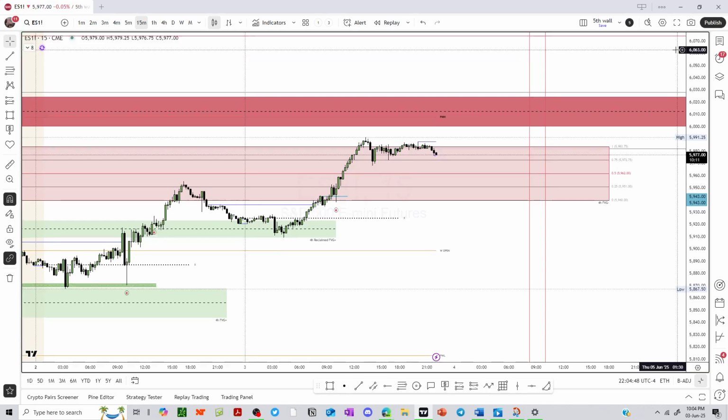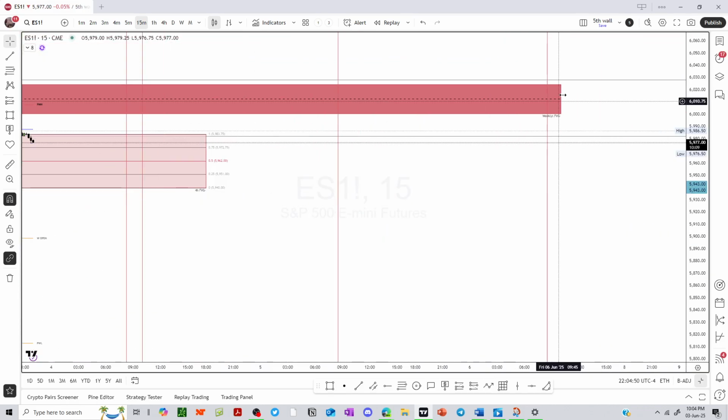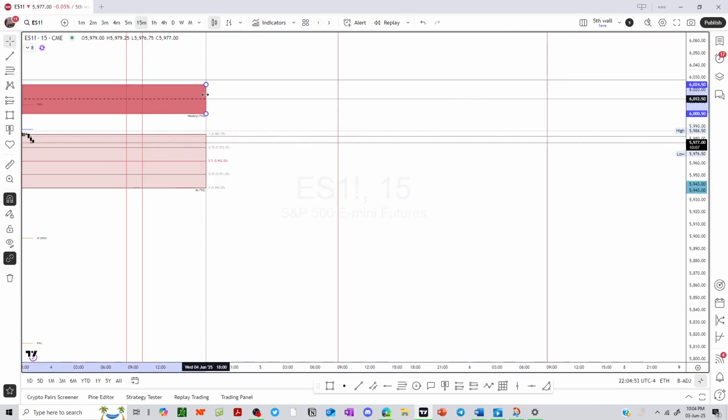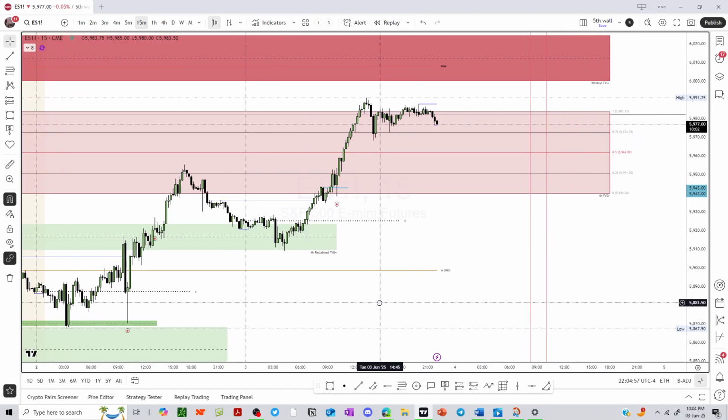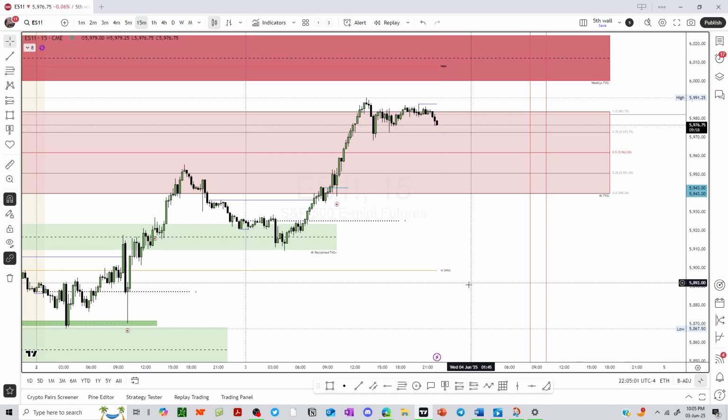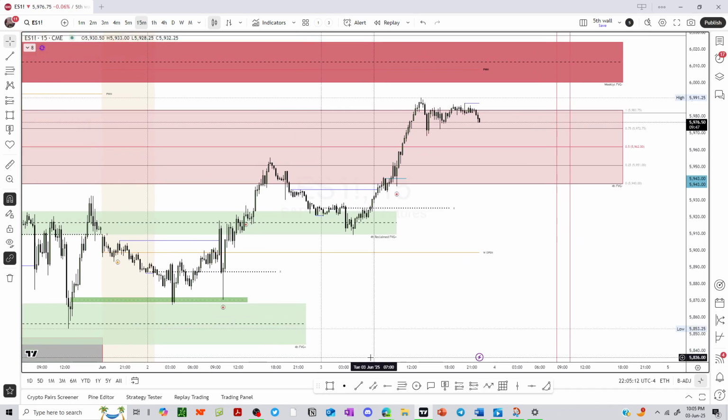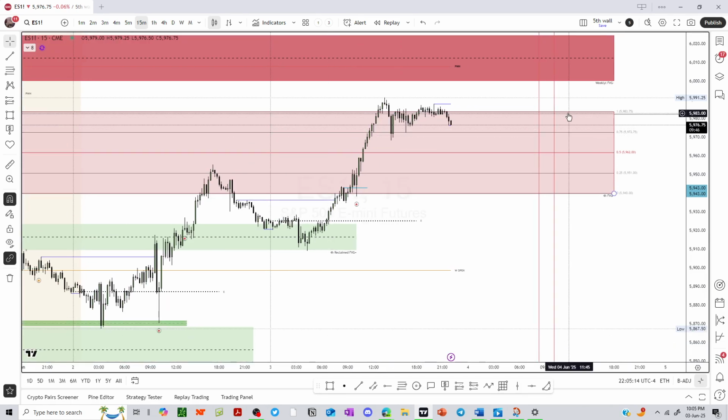All right, where we at with it. Anything else? You got that bearish fair value gap here, about to do his thing. Anyway, we got all these levels, the whole price.